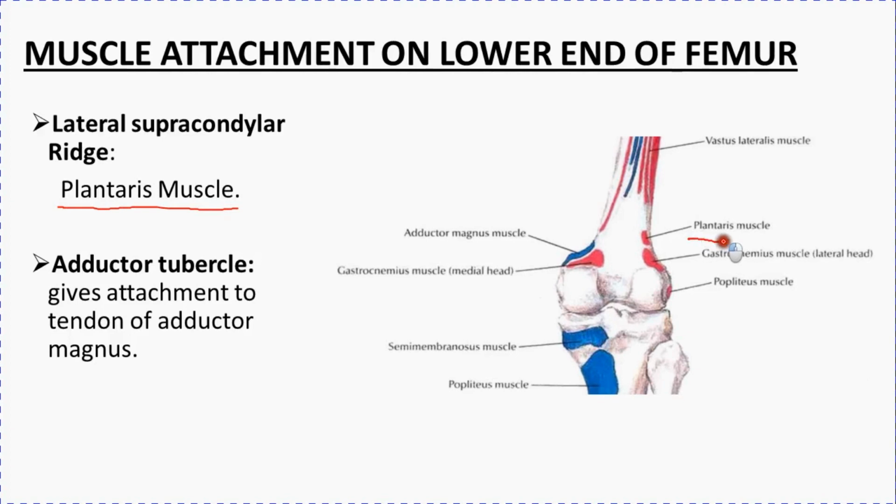The plantaris muscle is originating from the lateral supracondylar ridge. The adductor tubercle gives attachment to the tendon of the adductor magnus muscle. This is the attachment of the adductor magnus muscle on the adductor tubercle.